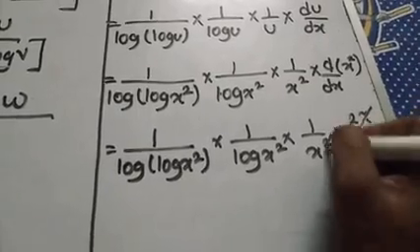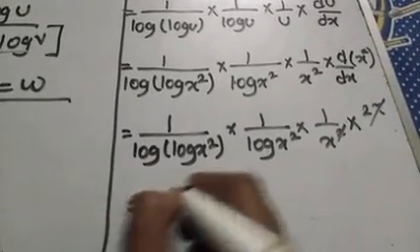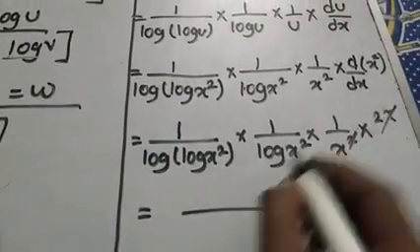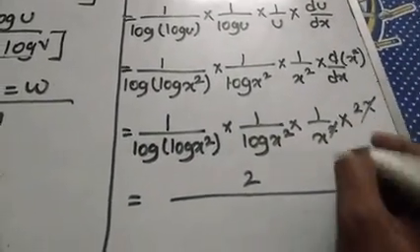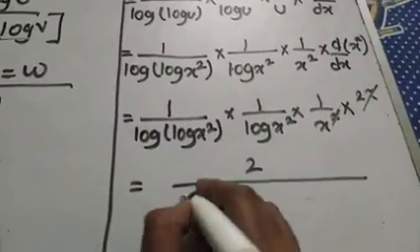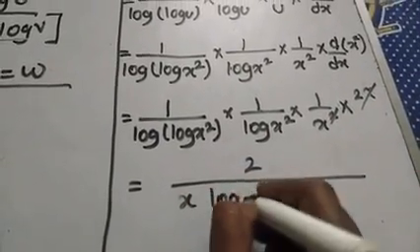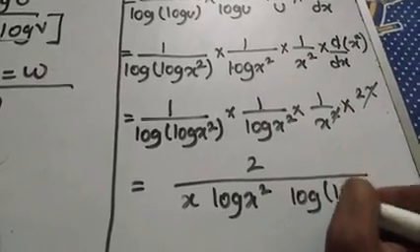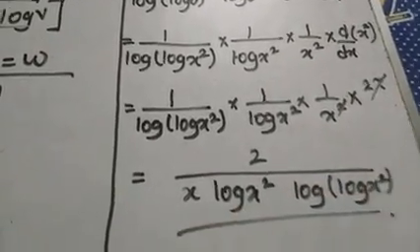Now this x and x cancel, so finally after adjusting them, 1 into 1 into 1 into 2, that is 2. Now here first of all the first term is x, then log of x square, and finally log of log x square. This is the answer.